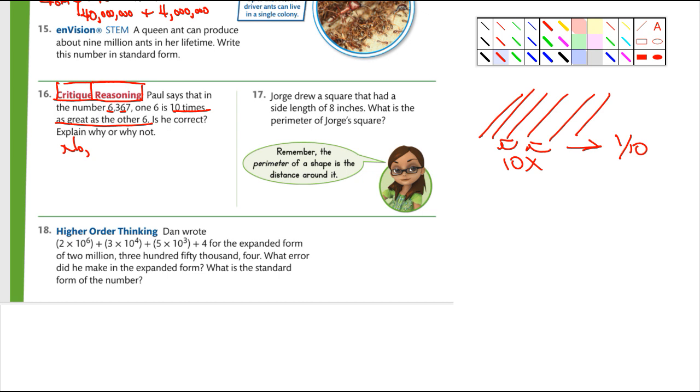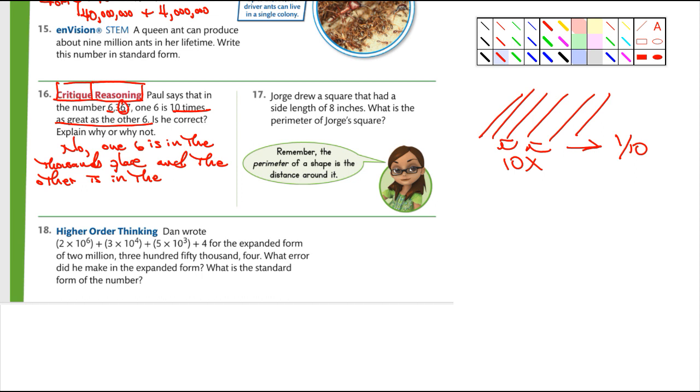Well, let's see here. We have a 6 in the thousandths place, so that 6 is in the thousandths place, and the other is in the, what place is that one in?